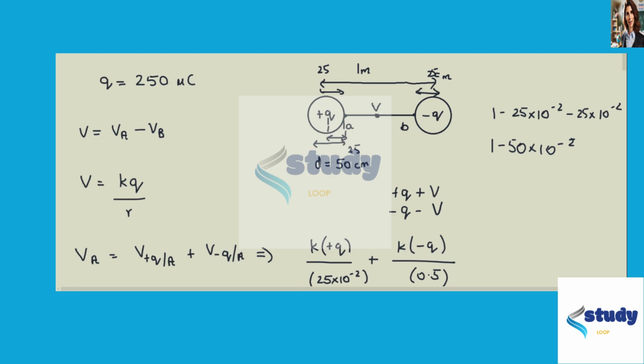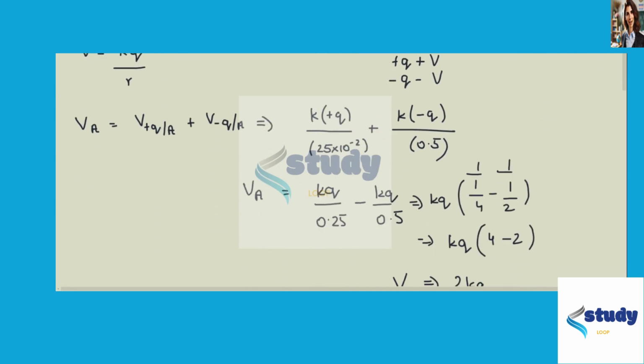So even without any calculations, we can conclude that the point closer to the positive charge has a positive potential, so A is positive, and the point closer to the negative charge has a negative potential, so B is negative. So A is positive and B is negative, so A automatically has the higher potential, and that is our answer to the second part.